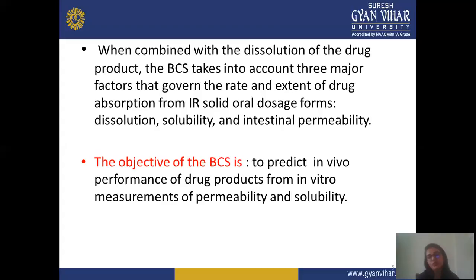By performing in vitro tests, you can reduce in vivo testing, because before performing tests on animals, you just finalize whether your formulation is good or not with the help of this BCS classification. If it shows a problem, then you can change your formulation or modify certain methods. Use of animals is also reduced, because we don't directly perform the test on animals. We first perform in vitro tests, and with the help of this in vitro test data, we proceed further to in vivo tests.